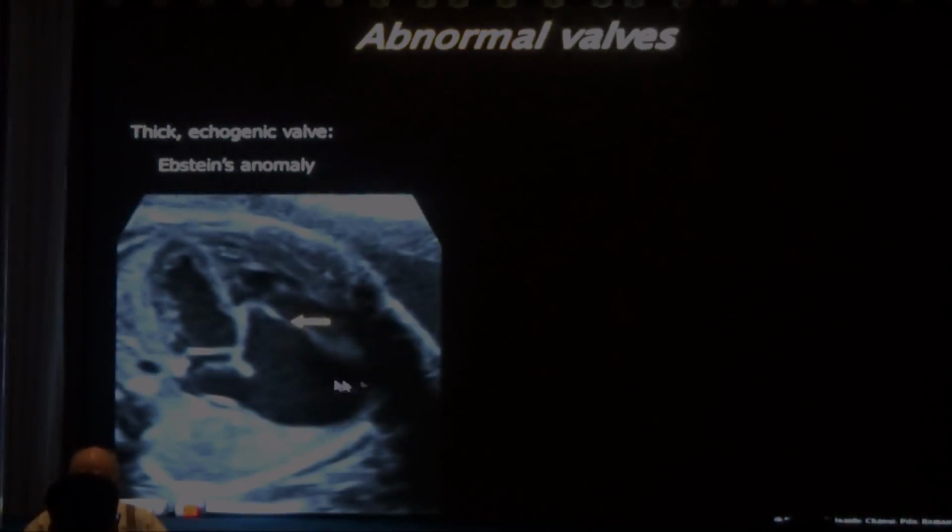So here we have a really abnormal heart. This heart is left axis deviated. You see the atrioventricular septum is at 90 degrees, and we have a very large right side. And we see a tricuspid valve, which is very abnormal. Now, this could be one of 2 things. It could be a tricuspid dysplasia with a lot of regurgitation, or it can be an Ebstein anomaly.